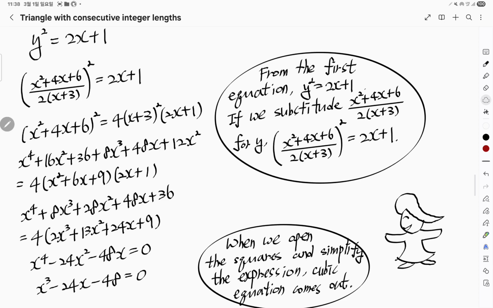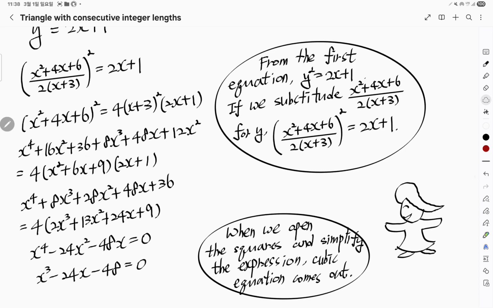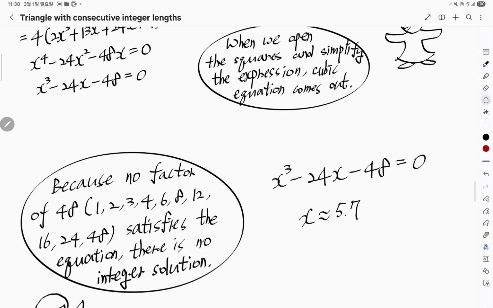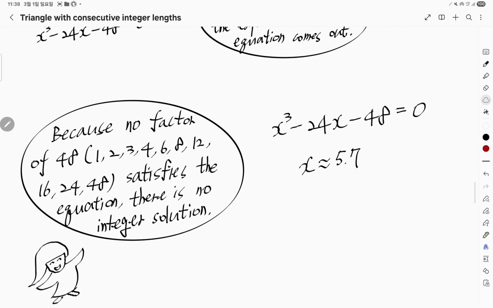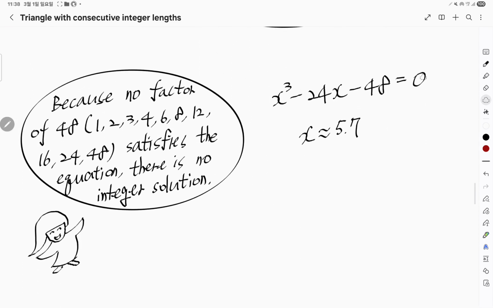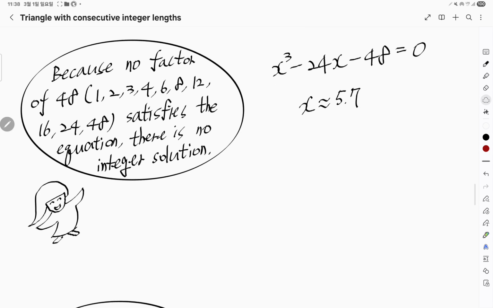When we open the squares and simplify the expression, a cubic equation comes out. Because no factor of 48 satisfies the equation, there is no integer solution. The actual value of x is about 5.7.